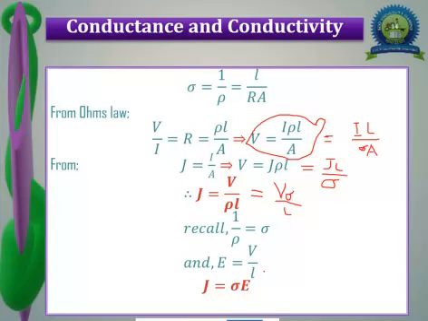We made use of that L as distance yesterday. We're talking about the same thing. Okay? So we have V over L here. And then we can say J is equal to sigma E, if you bring it to this previous equation that we have. And we can also say that our J, the current density, is equal to E, the electric field, divided by rho. Okay?